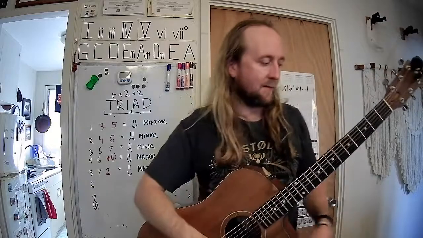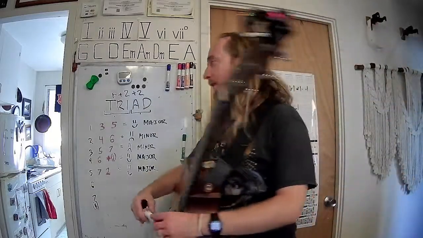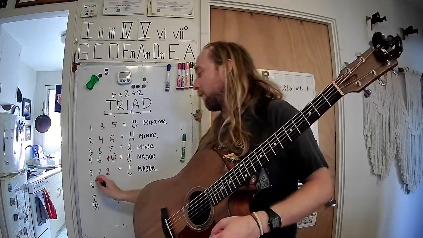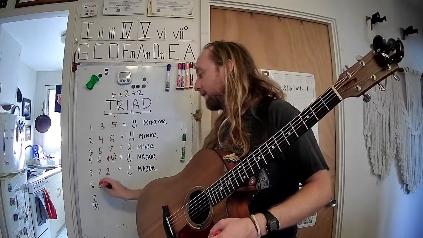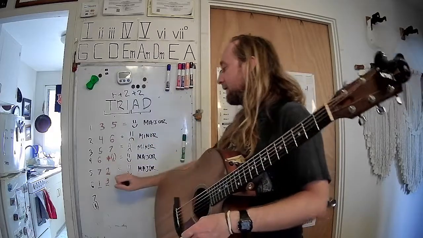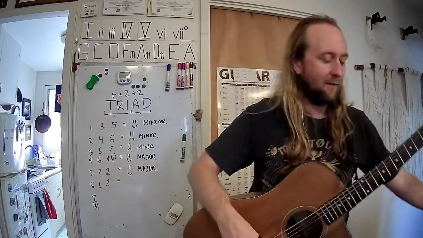Alright, next up is 6, in which case we'd be plugging that into the formula. 6 plus 2 is 8, also known as a 1 in the next octave. 1 plus 2 equals 3, so a 3 in the next octave. So we're looking at 6 in the first octave and 1 and 3 in the next octave. So 1, 2, 3, 4, 5, there's 6. 6, 7, 1, so 6, 1, 2, 3. 6, 1, 3.